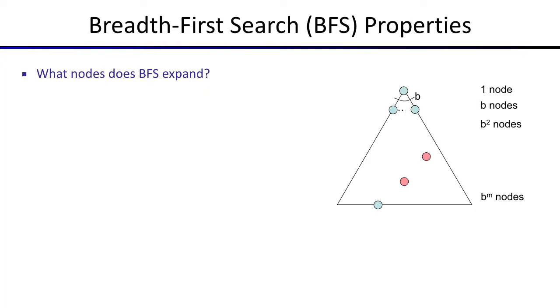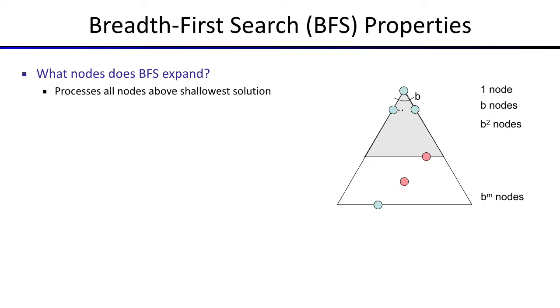Now we want to address those same questions about BFS, because we're comparing these two algorithms to decide when each one is good. So, like we said, it's going to explore in level order across the tree. So that animation from last time looks kind of like that, just going in straight lines down. And that means that it's going to process all nodes that are above the shallowest solution.